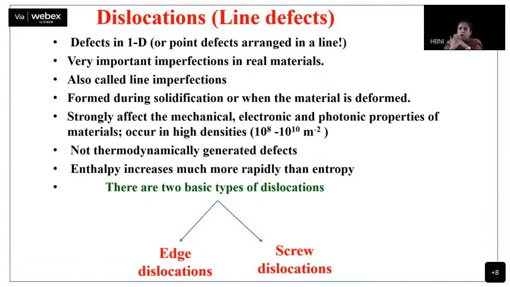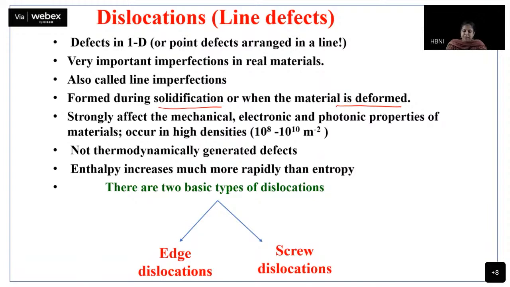They are not formed thermodynamically. They are actually formed when your material undergoes some kind of shock. For example, formed during solidification, when you're solidifying a material from your melt, or when you deform your material by applying pressure, by applying stress, or whatever, then you get the line defects.